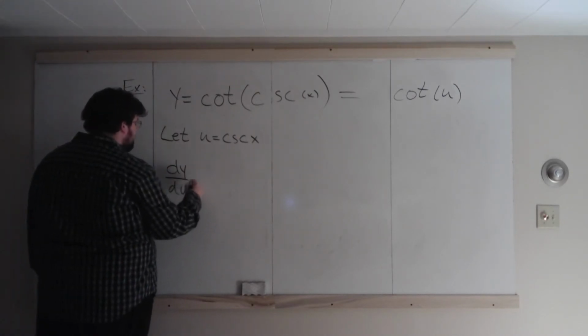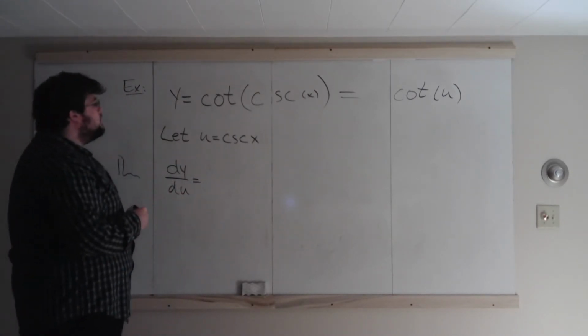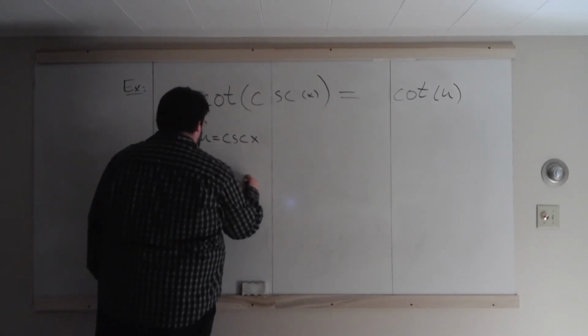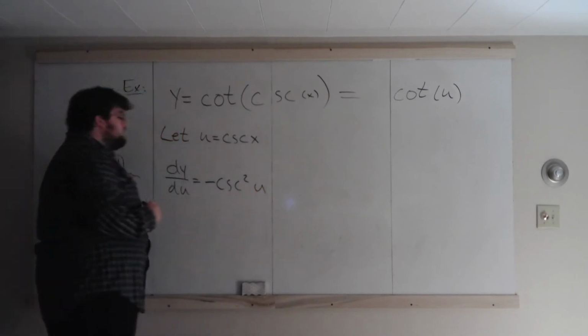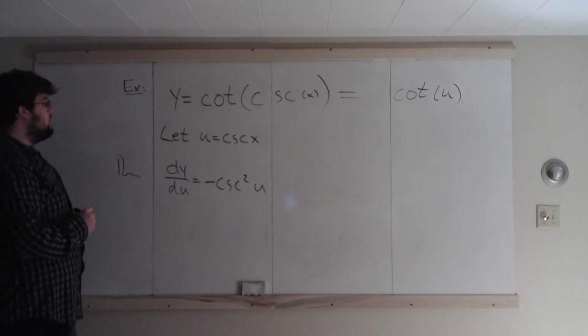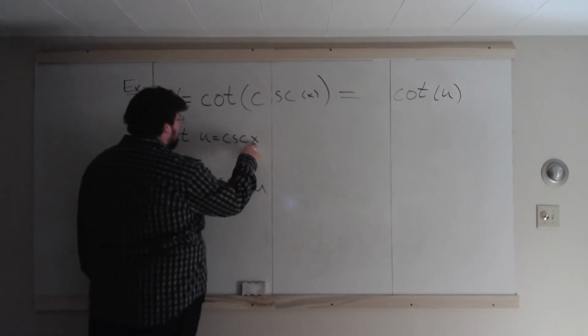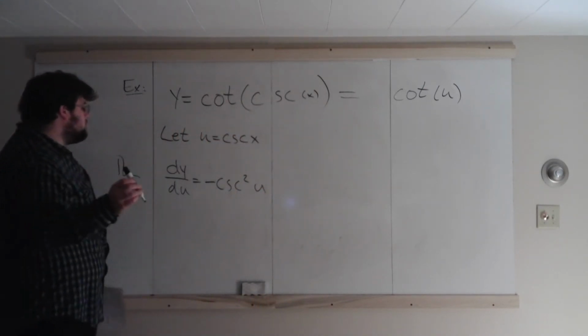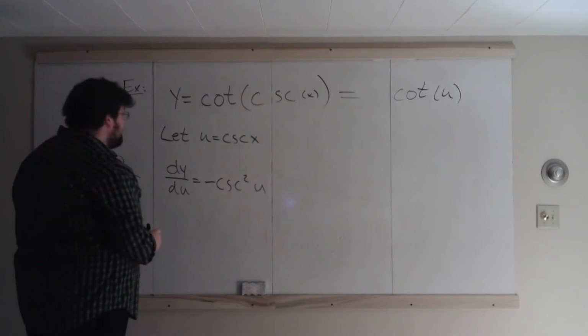And now we can take these derivatives using the two rules. Cotangent of u, the derivative of that is negative cosecant squared of u. Sometimes if it's just an x or one variable, like a u, I don't write the parentheses. Sometimes I do, as you can see.